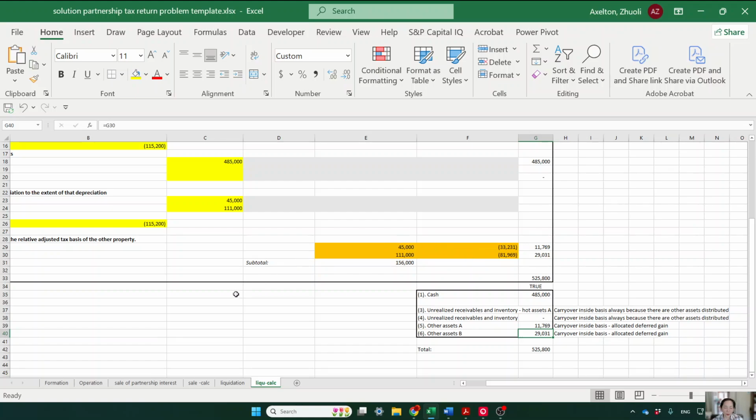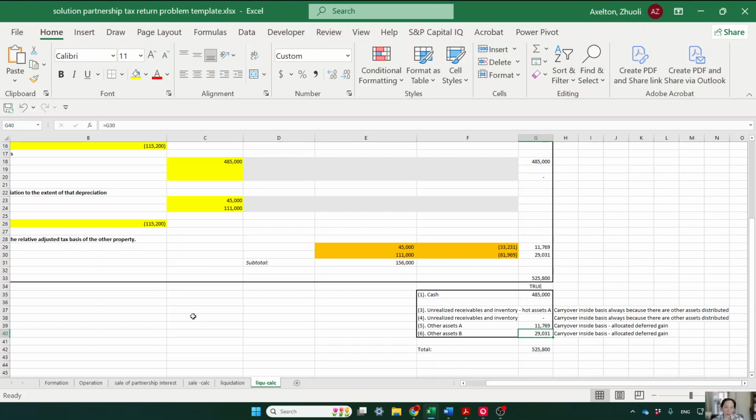Again, it's really a timing difference, right? One is immediate recognition. The other one is you do not recognize the gain or loss right away. However, you do not receive the cash in full, and you're just going to receive some assets in this case.